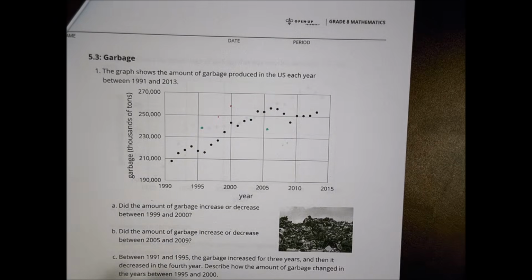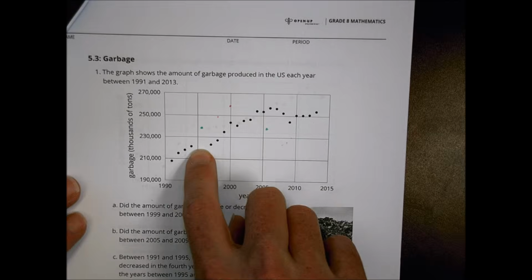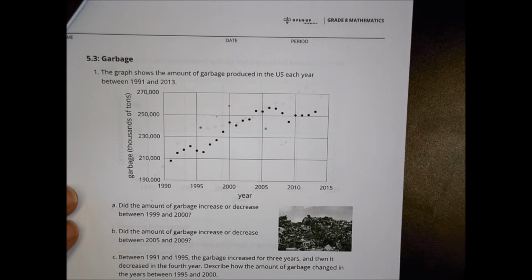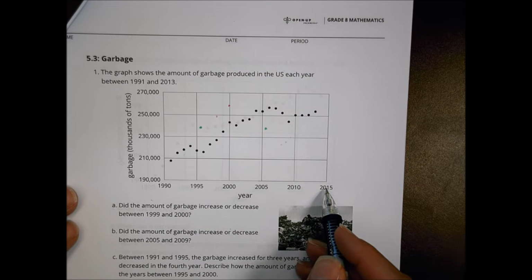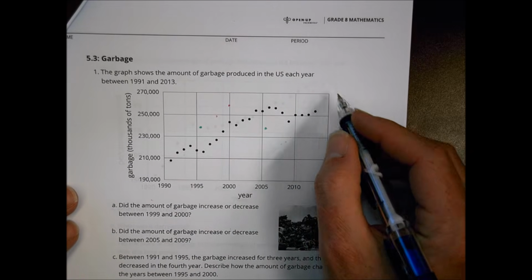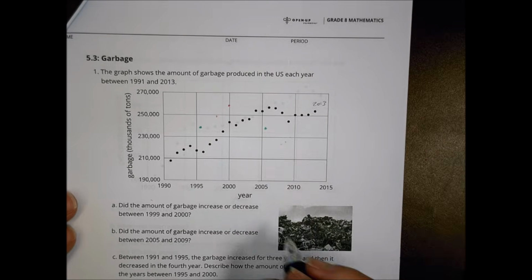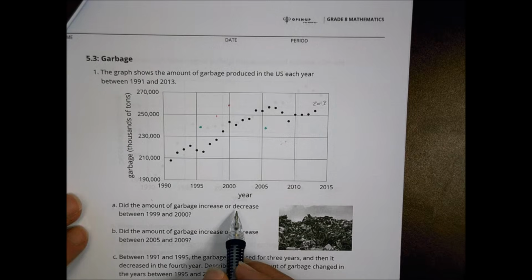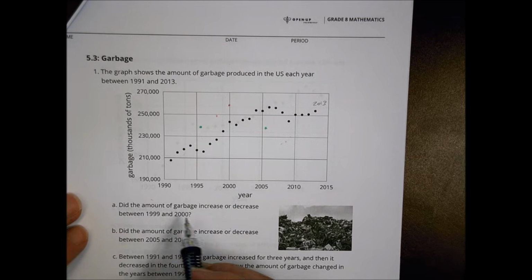And this next one, a couple extra dots from my marker, sorry about that. We have this graph that shows the amount of garbage produced in the US each year, ranging from 1990 to 2013, which is where we stop right there. Questions are, did the amount of garbage increase or decrease between 1999 and 2000?